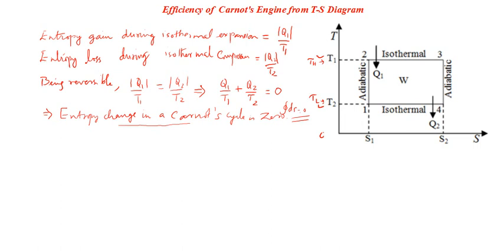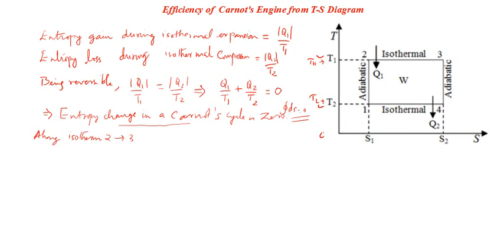Okay, so now let's obtain an expression for the efficiency. For that we have to consider the heat entry and heat rejection. So let's consider the isothermal 2 to 3.